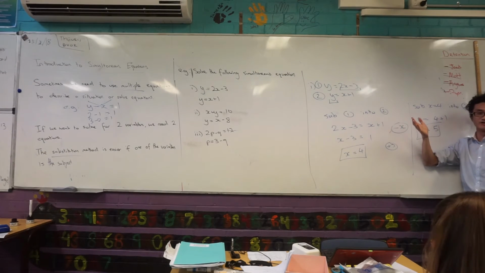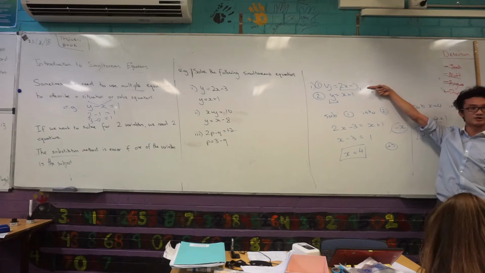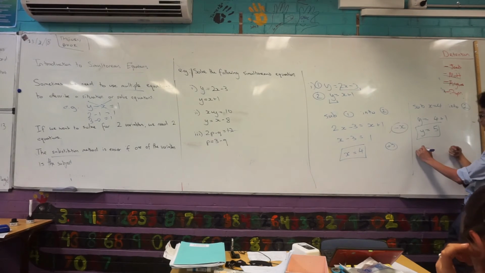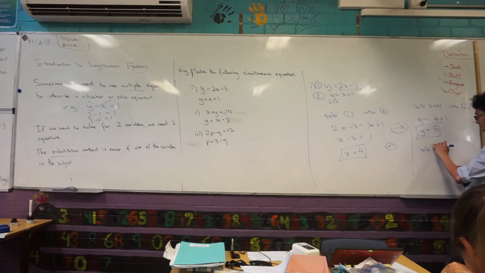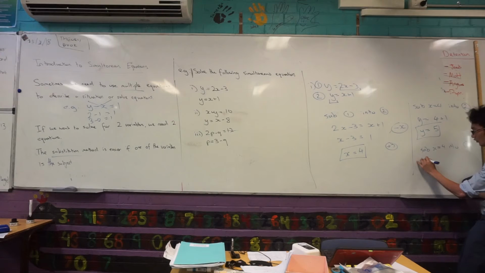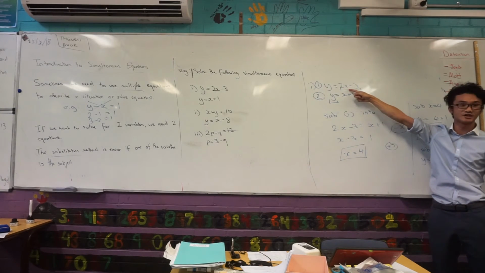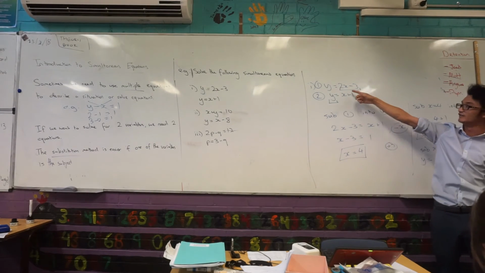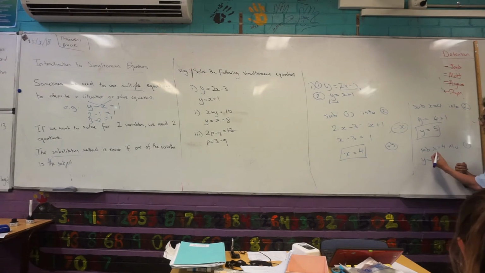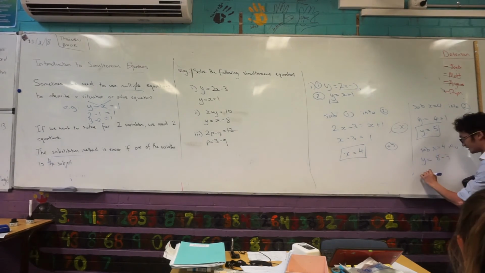The thing you might be wondering is, can I use this other equation here? The answer is yes. You actually get the same thing. If I sub x equals 4 into equation 1 instead, all I'm doing is writing 4 instead of x. What would I get if I replaced it? 2 times 4 is 8, minus 3 is 5. Can you see how you get the same thing?